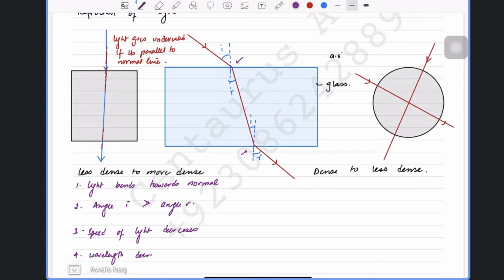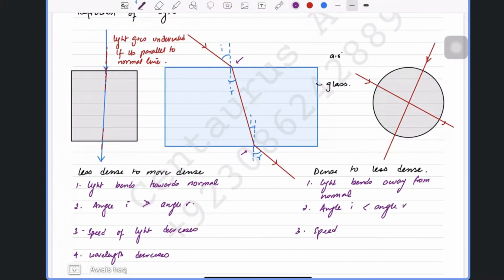Also, when it's going from a more dense to a less dense material, then light bends away from the normal, then angle I is less than angle R. So that's the same thing we've studied before, all right?